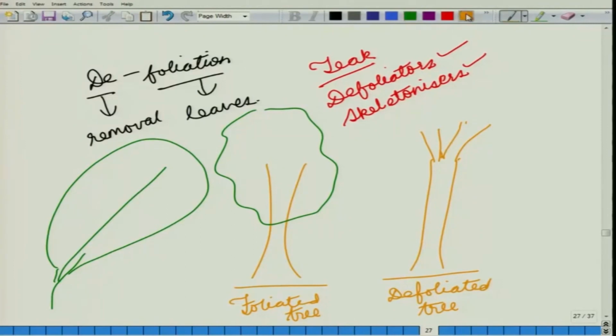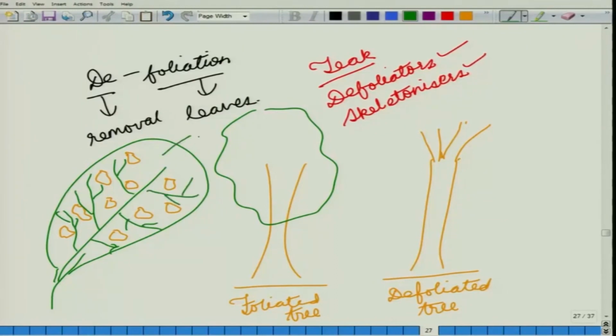A skeletonizer would start eating into the lamina and then later on this removal of the lamina would be so much that you would only be able to see these veins of the leaf, but you will not be able to see any of the leaf blade or the lamina. So, all the lamina is eaten away and whatever remains looks very much like a skeleton. So, that is a skeletonizer.